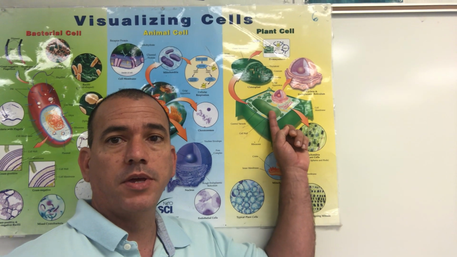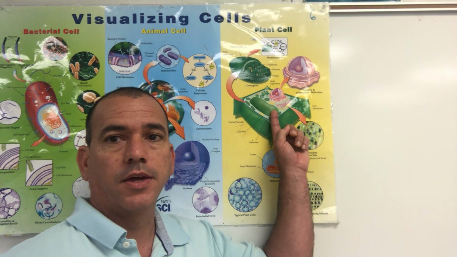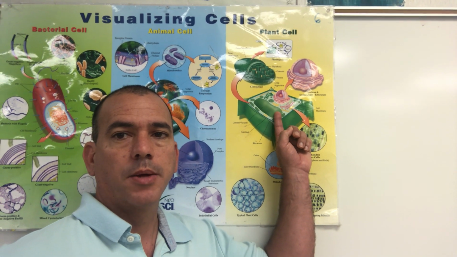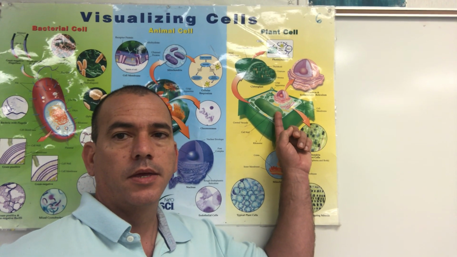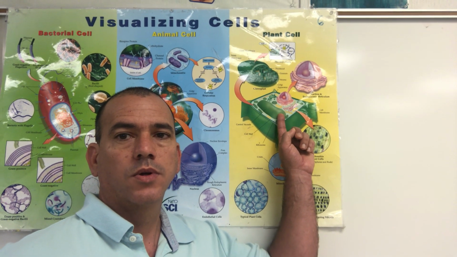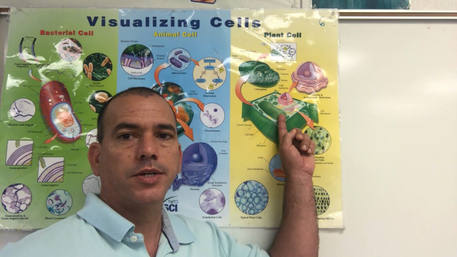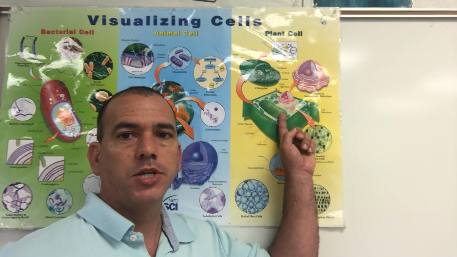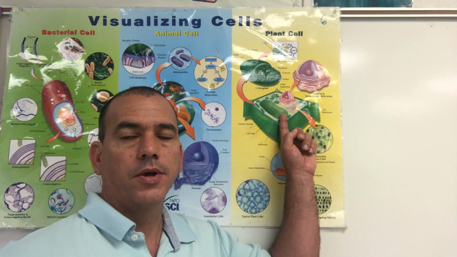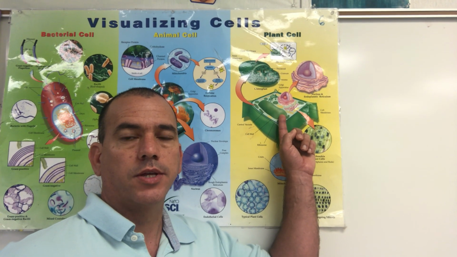All right? That would be your vacuole. Write this down for vacuole: much bigger in plants. Stores water and nutrients.